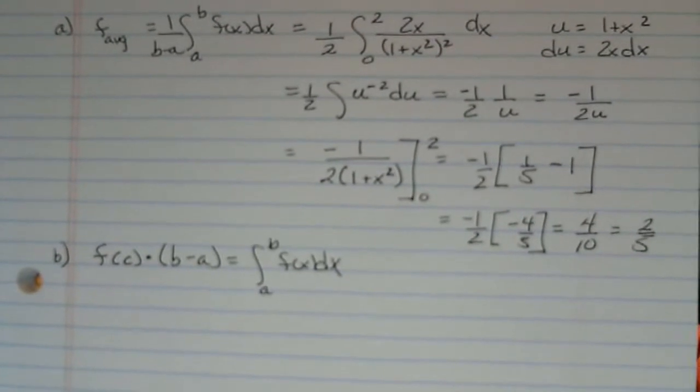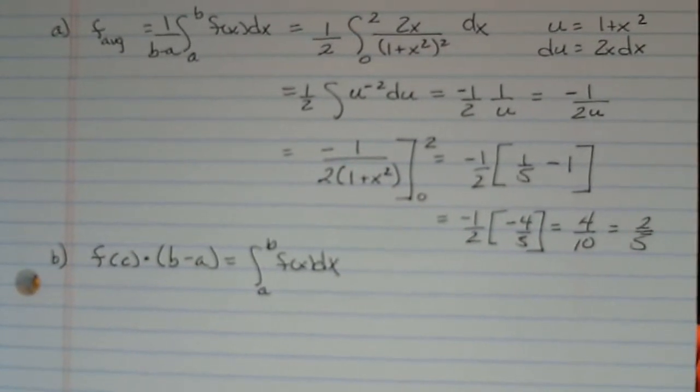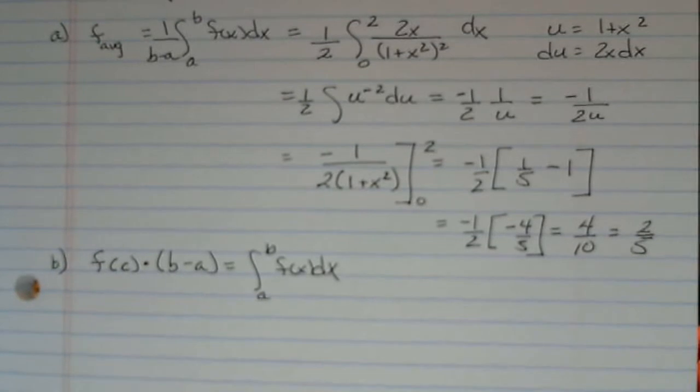I believe your author begins that sentence with the phrase, that is. It's the alternative form of the mean value theorem, and it's the form where we see that f of c is equal to 1 over b minus a times the integral from a to b of f of x dx. That's the given form of the mean value theorem.